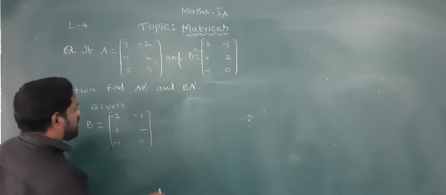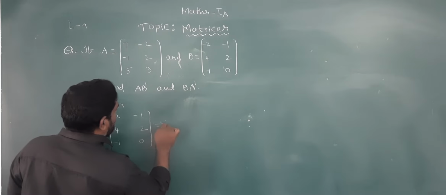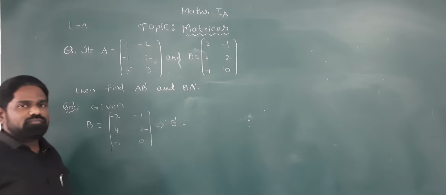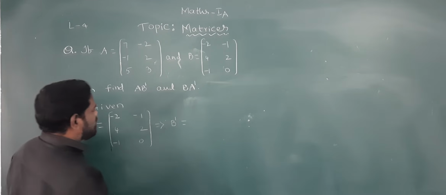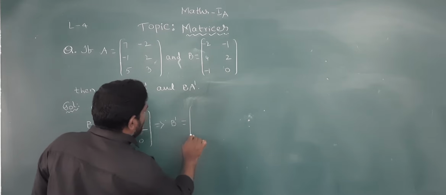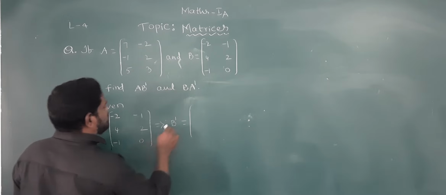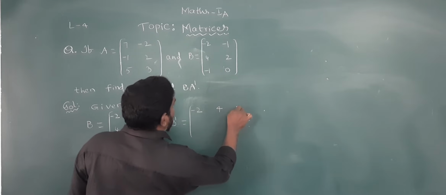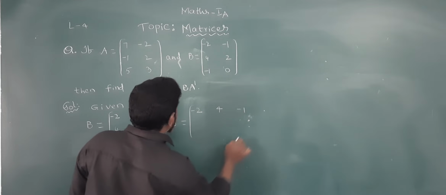With this matrix, we can find the transpose of B like this. The first column is written as the first row, interchanging the rows and columns.